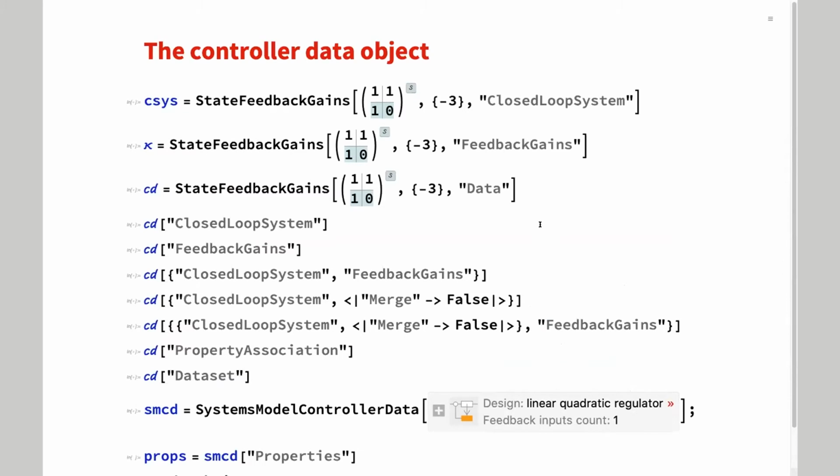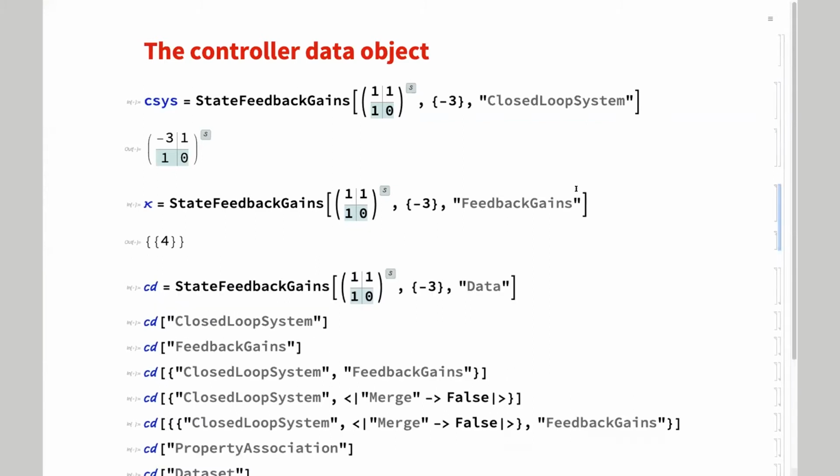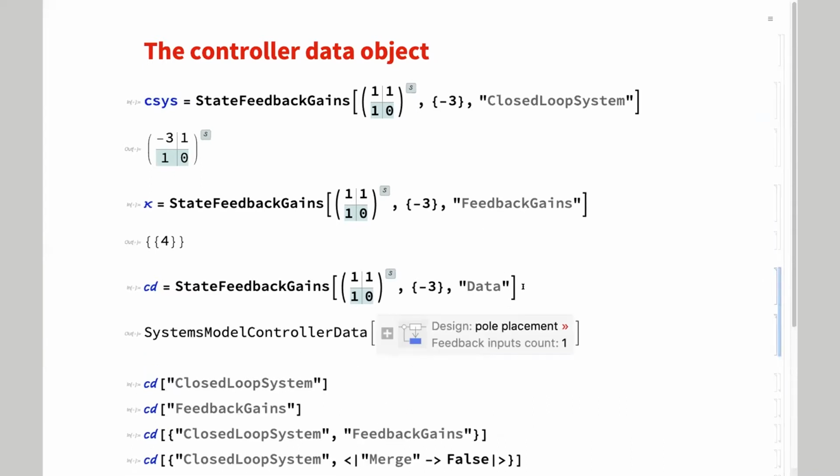Okay, so let's look at that controller data object. Earlier we obtained this closed loop system. If you want the feedback gains, we can ask for the feedback gains. The disadvantage with this approach is that each time we call this, the computations are starting again from scratch. And so that's why we have this data object. There's nothing fancy about this.